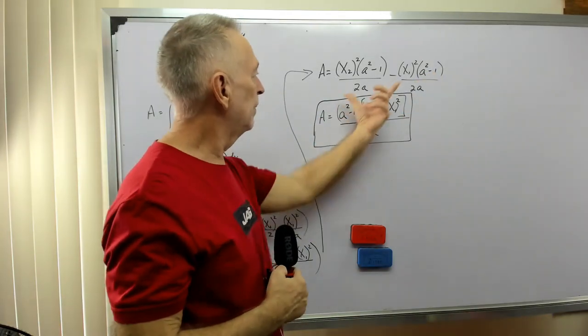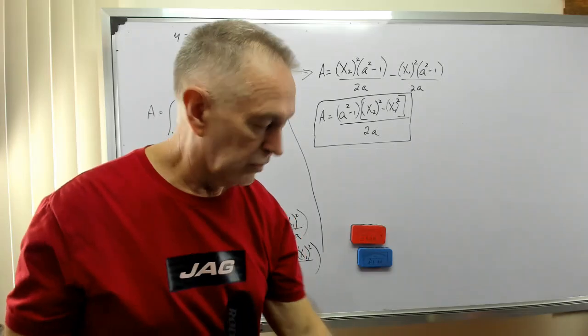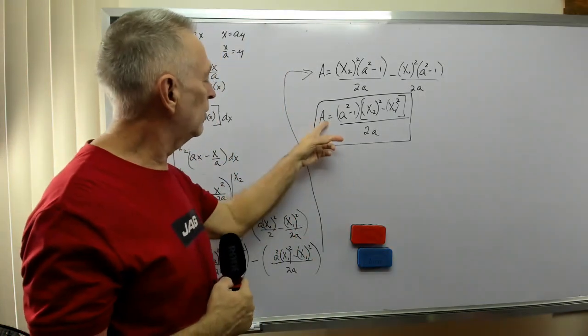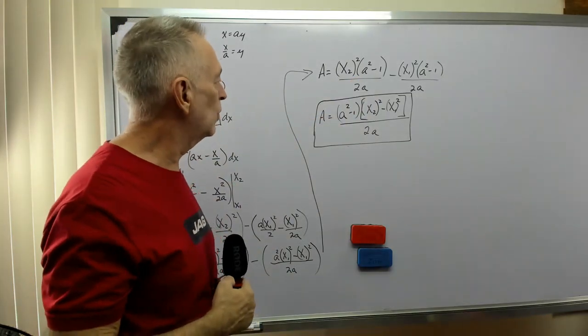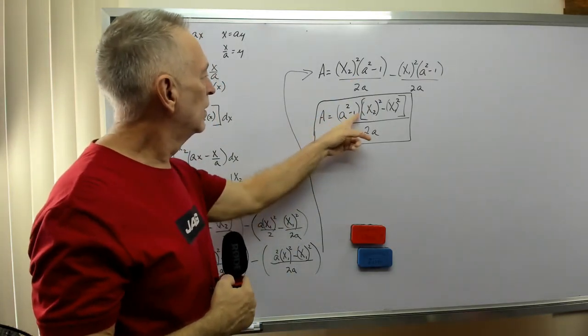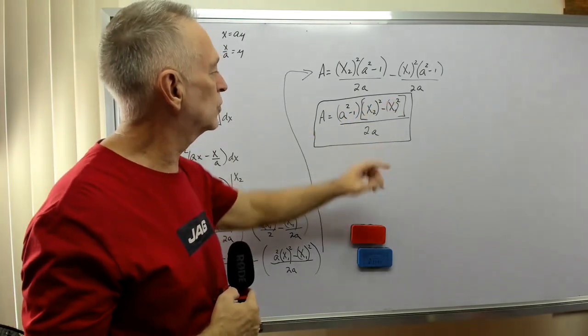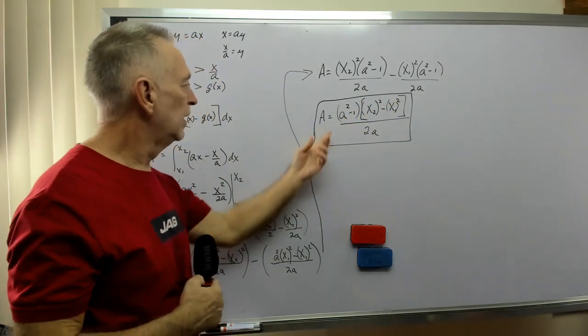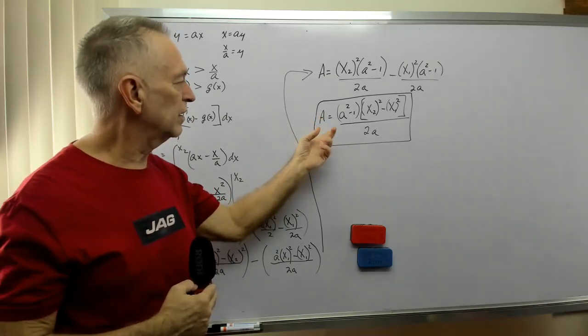Hey, how about that? So now we can factor out a squared minus 1 times x sub 2 squared minus x sub 1 squared, all over 2a. And that would be the area that the teacher was looking for, that formulation.